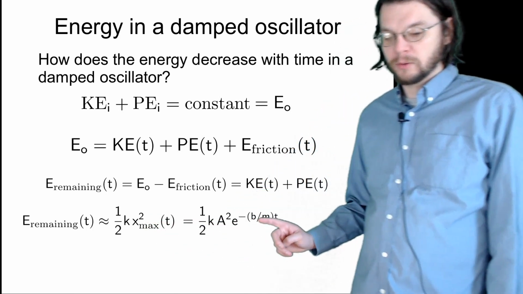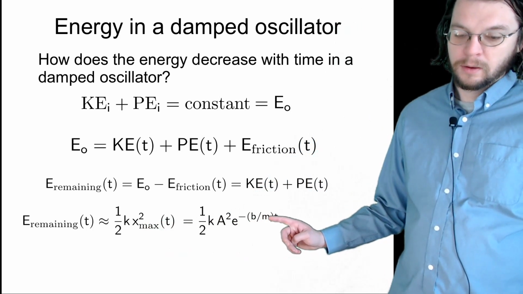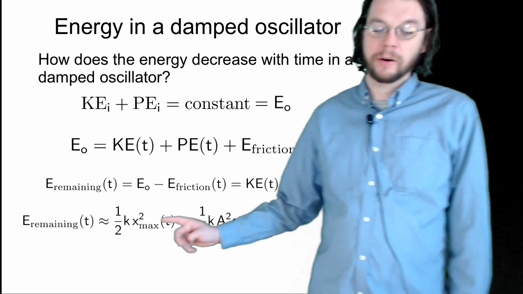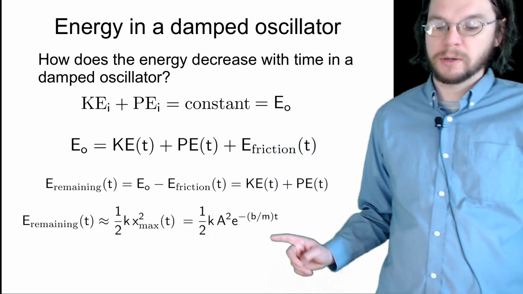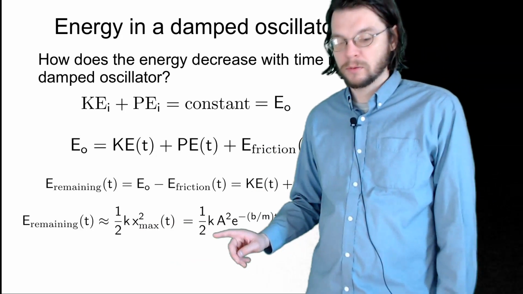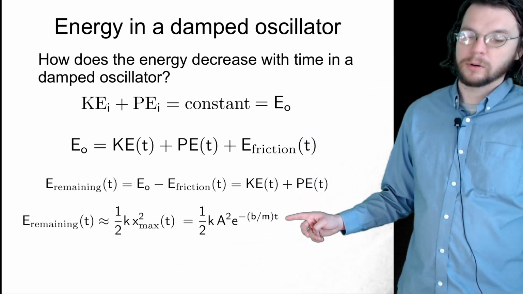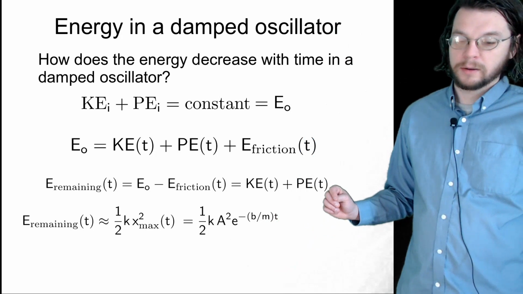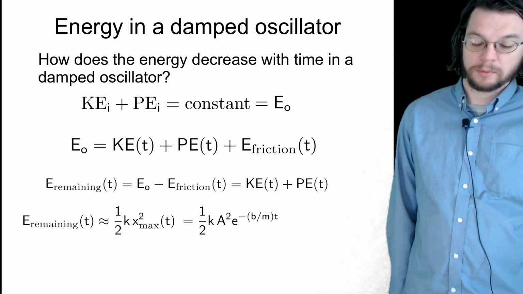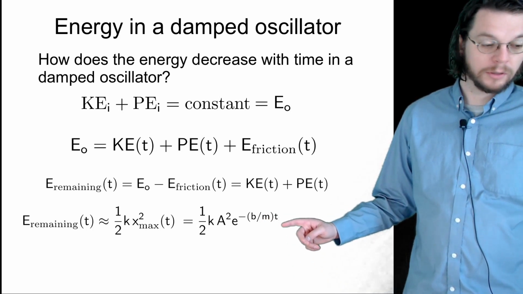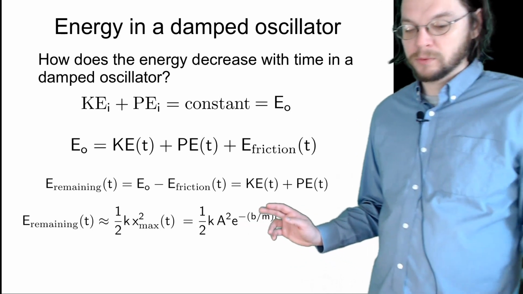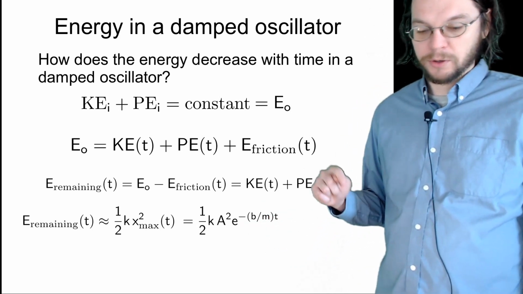Originally there was a b over 2m times the time, but I've gotten rid of the 2 because we're squaring it. The square of the exponential adds an extra 2 to the top of this thing, so those two things cancel. So this is what you end up with for the remaining energy as time goes on, right? Because as time marches on, you're going to get less and less, because this exponential is going to get closer and closer to 0. So this should be very helpful for doing these types of problems, both on the worksheet and on the homework.